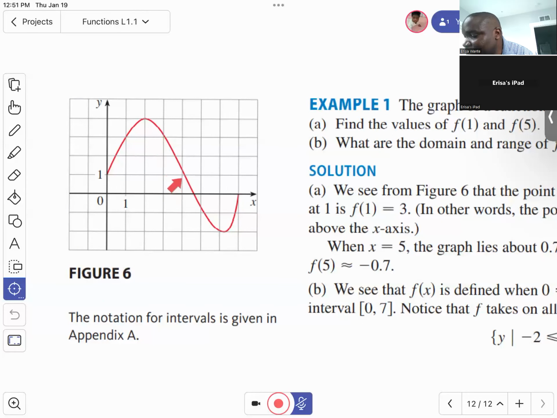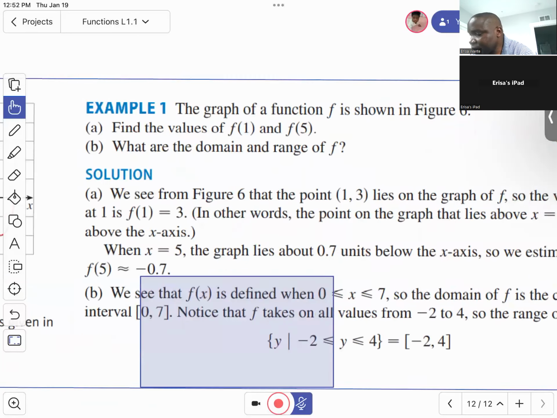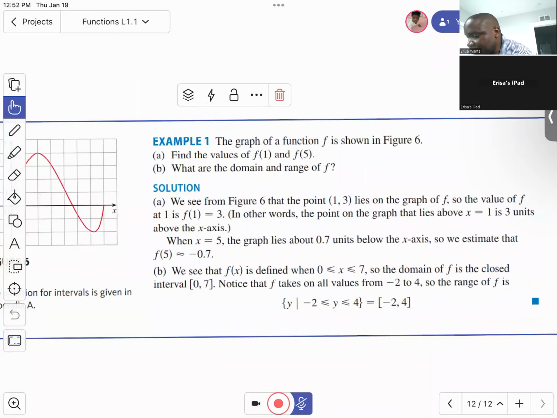When x is equal to 4, it comes back here to about 1. And this value here we cannot read directly, but when x is about 6, this value is about -2. I don't have the function, but you can see exactly here what we are trying to say.